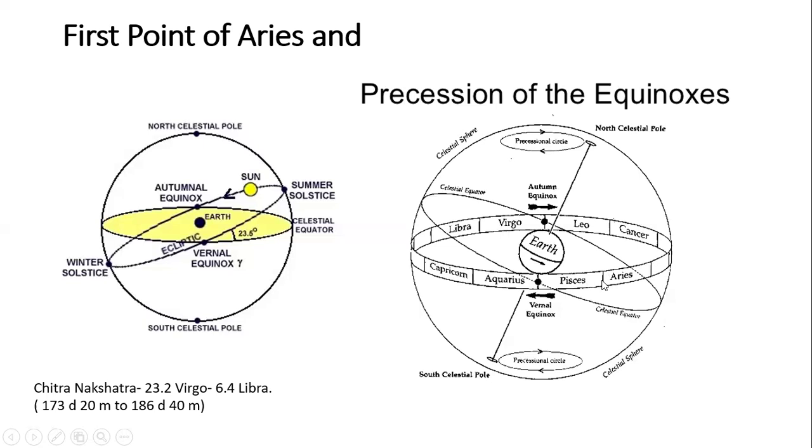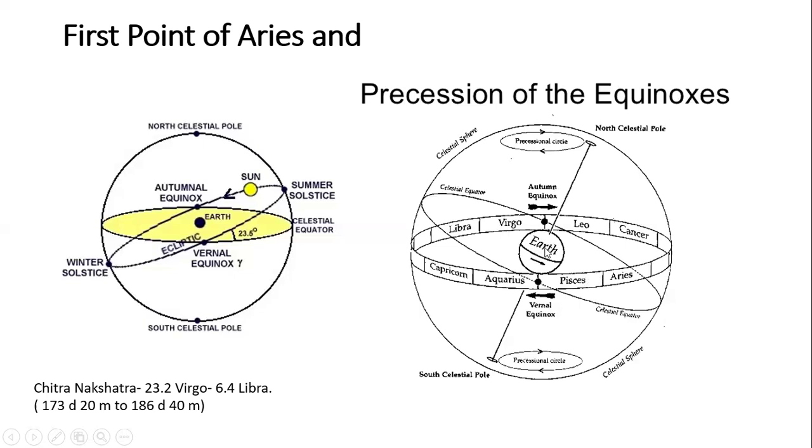This first point was initially thought of as 180 degrees from Chitra Nakshatra, Vishwakarma, the Lord, the structure Lord, who is a creator, a manufacturer, an artist, skillful, creating the entire thing. From there, the 180 degrees is considered to be the starting point of the Nirayana system.